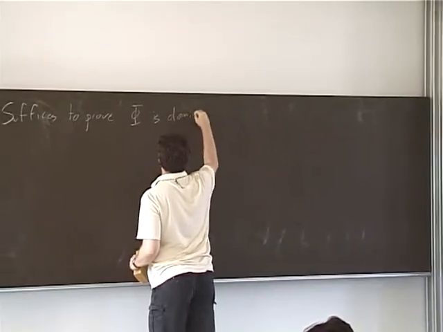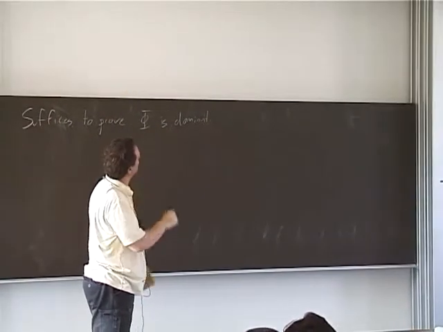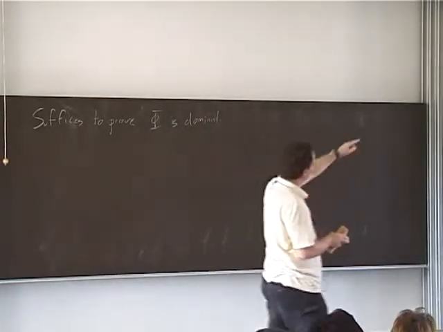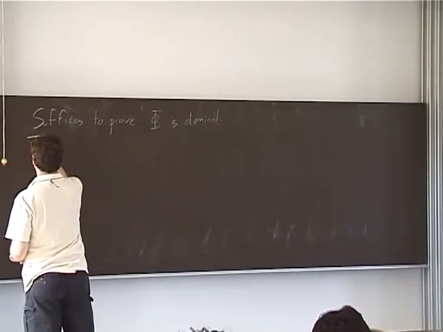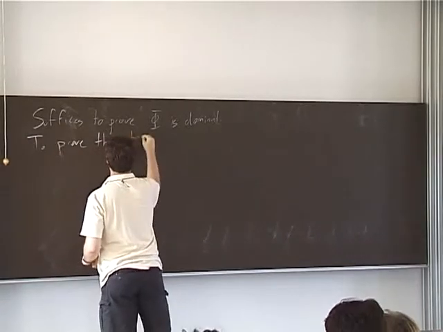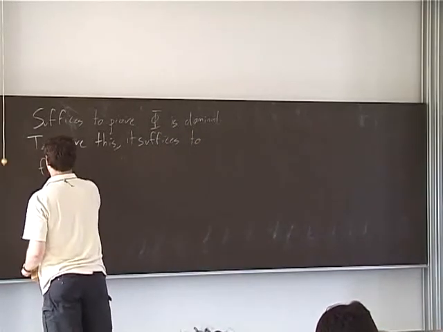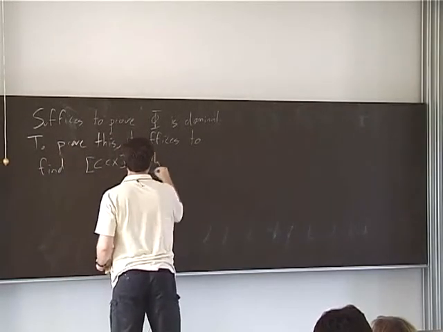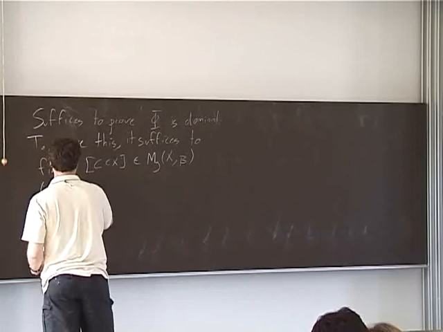And now, I guess this is the real place where we're using Hurwitz's irreducibility result. To prove that it's dominant, it suffices to prove that its image contains some non-empty open. So it suffices to find a single point C in X. So this will be some point in M_g X beta. We need it to be a smooth point of this variety.